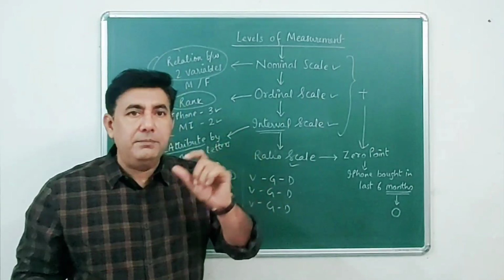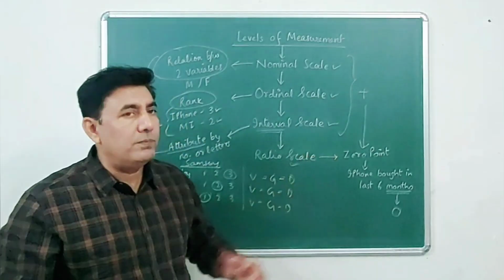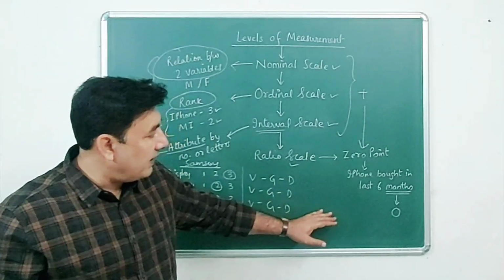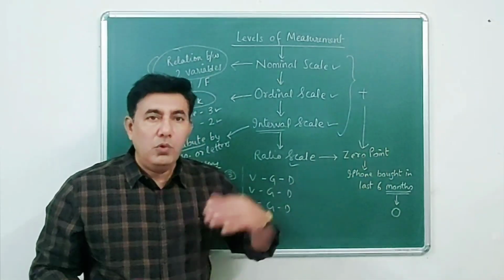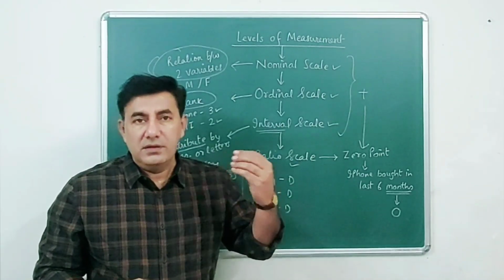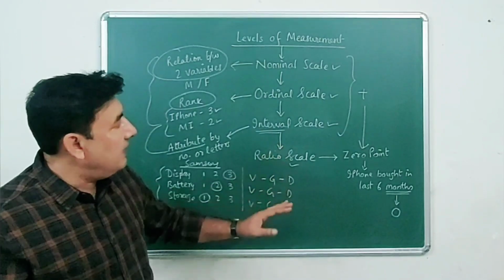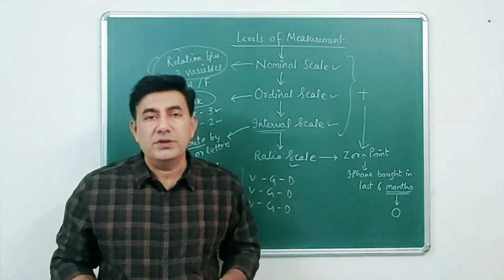So 6 months, 3 months, 1 month, that is called 0 point. So apart from the attributes, one more point is added to the survey, right? So this is how the scale works, and these scales generally measure the attitude of the customers.